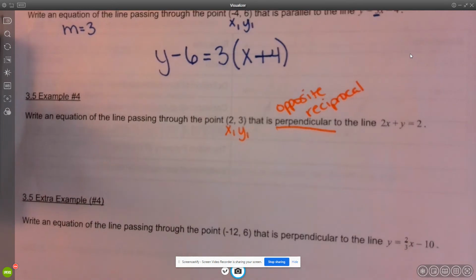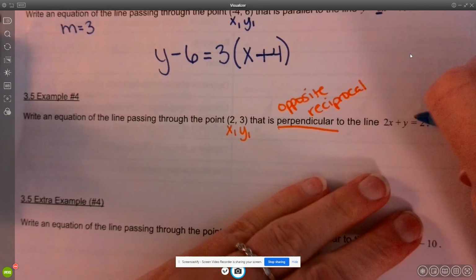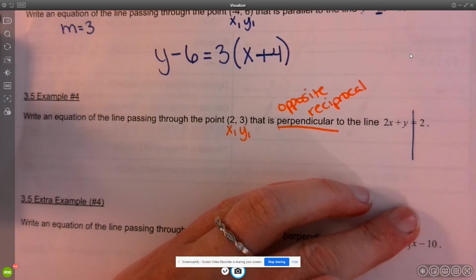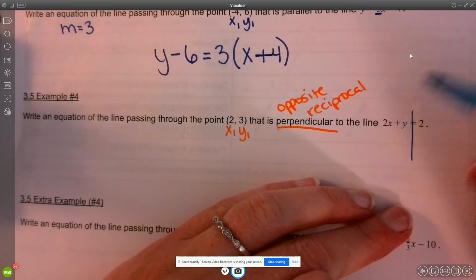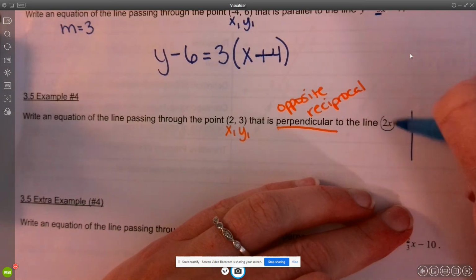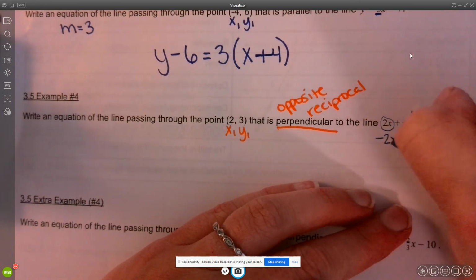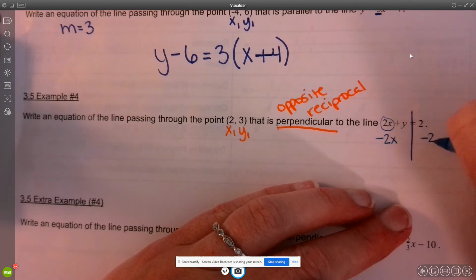So what I need to do first is some algebra and get y by itself in order to make it in slope-intercept form. To get y by itself, I need to get rid of this 2x term on the left. To undo it and cancel, I'm going to subtract 2x on both sides of my equation.